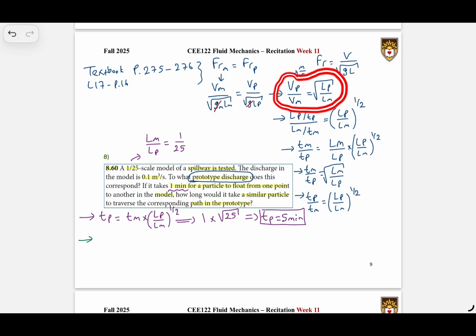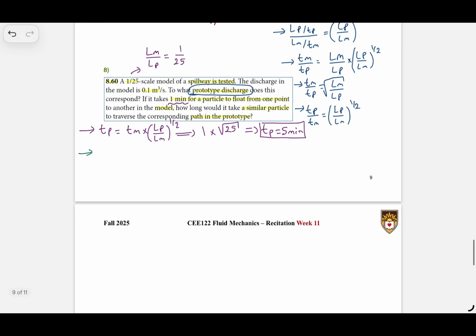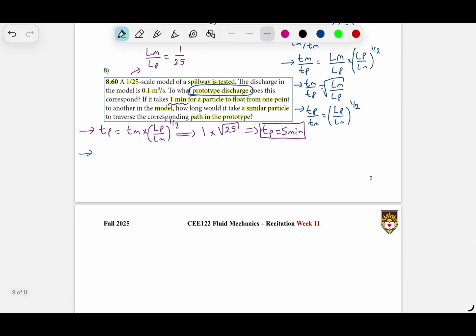This is because we need to find the discharge, and here we already have velocity. So multiplying this velocity with the area, which will be L square, will make our calculations easier. Let me apply what I'm talking about.